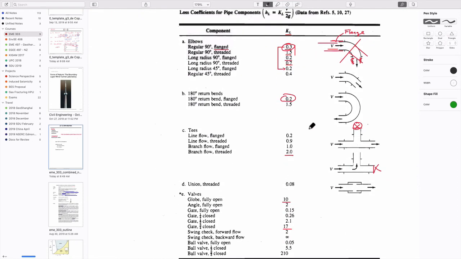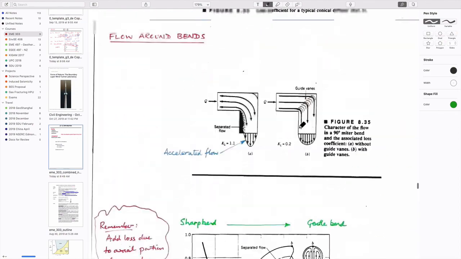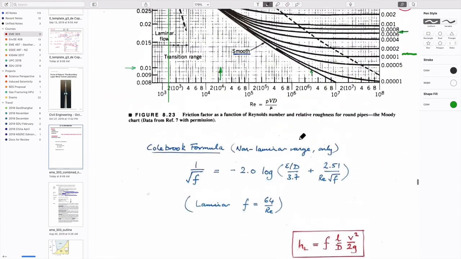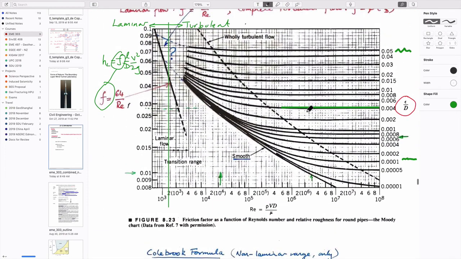And the reason that these are constants is because they represent behavior on the far right of the Moody curve, where the only controls on the friction factor are the geometry of the fitting itself. How it goes around a bend, and what the roughness of the pipe is. It doesn't care about what the Reynolds number is. And in the regime where friction factor is a function of Reynolds number, the laminar regime, it depends on the Reynolds number itself because it's driven by viscosity.